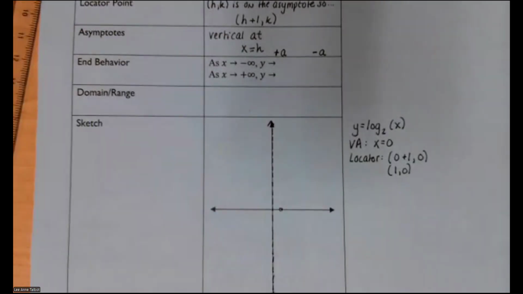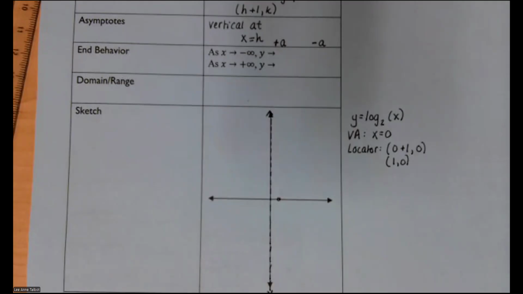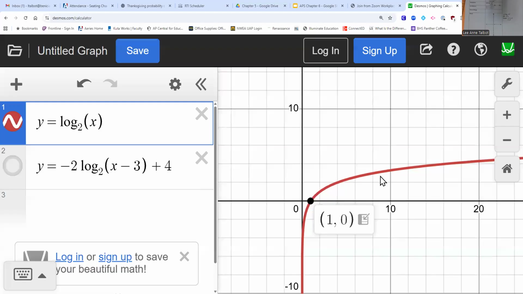So just decide a point that's going to be 1, 0. Okay, and then sketch this bad boy in. Come up along the asymptote. Go through 1, 0, and then curve off.